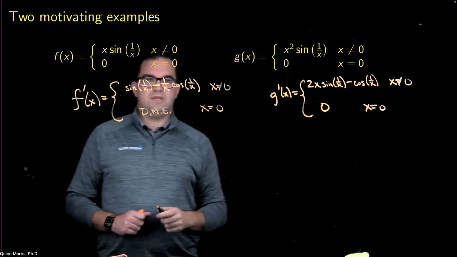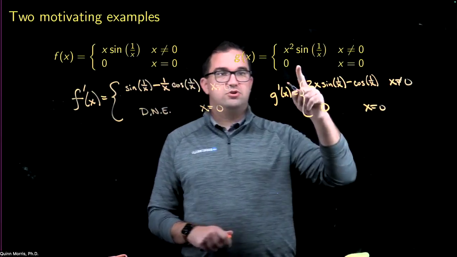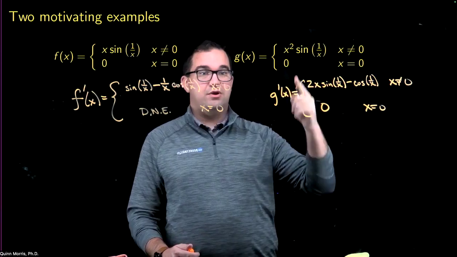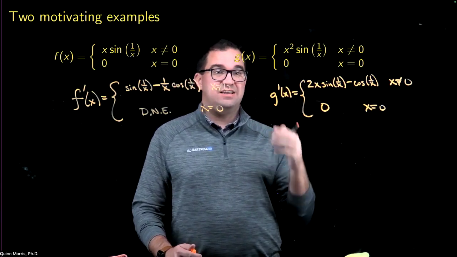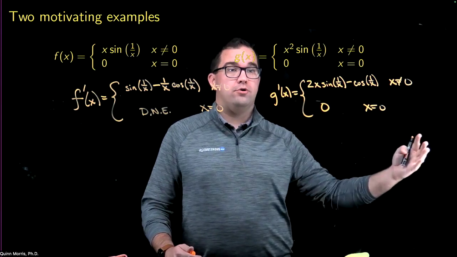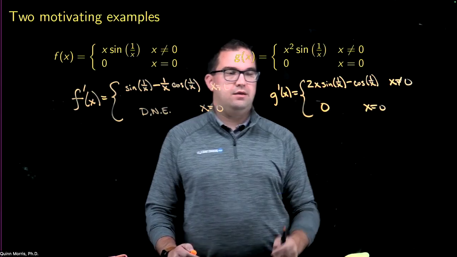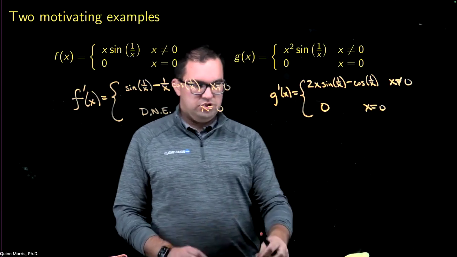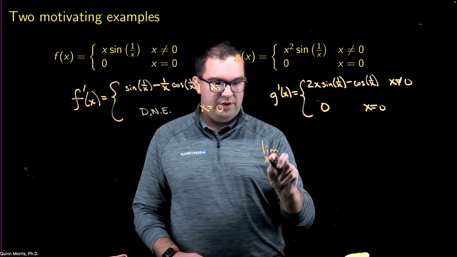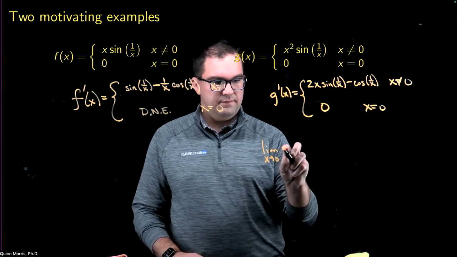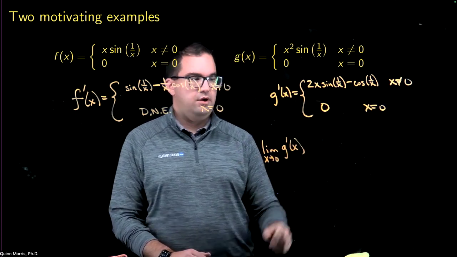Now, one of the things I want to observe is that here, our function is differentiable at every point in our domain. So we would say here that g is differentiable on all of R, and here is the derivative at every point in R. But if I look at this function g prime of x, let me ask myself what happens to this function g prime as x goes to 0.